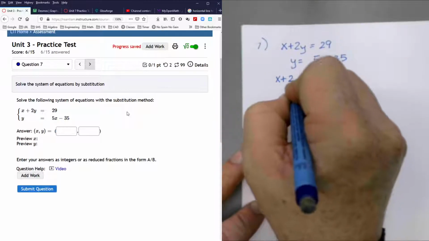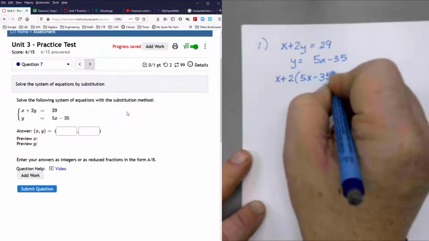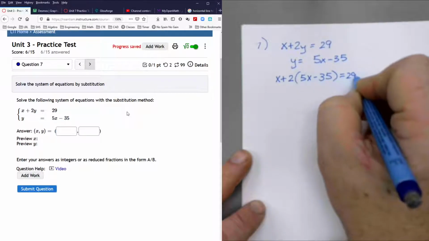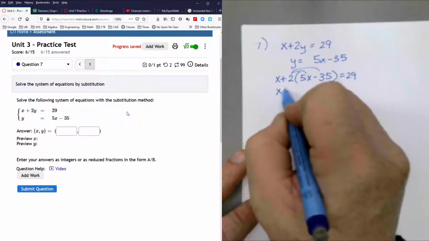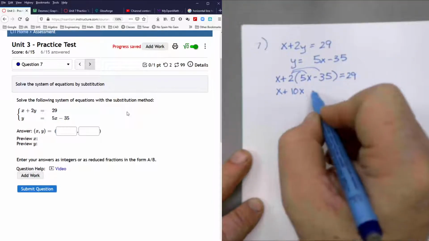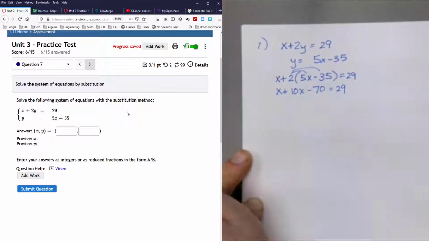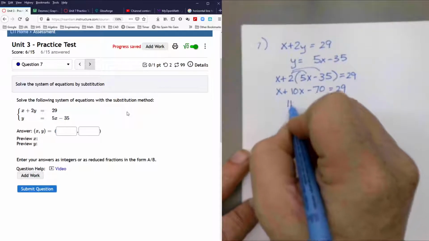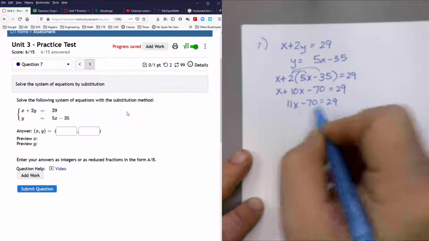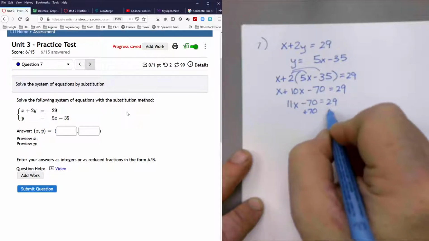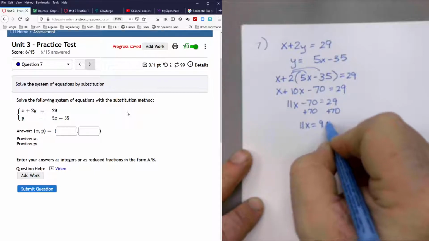So x plus 2 times y, which is 5x minus 35, is equal to 29. I'll go ahead and distribute here. So I've got x plus 10x minus 70 equals 29. And so I've got 11x minus 70 is 29. And so I'll add 70 to both sides. 11x is equal to 99.